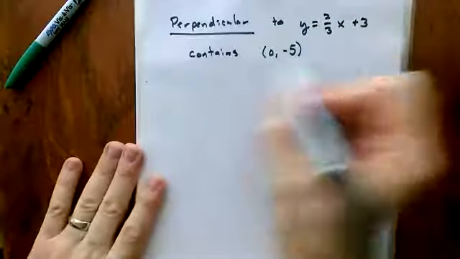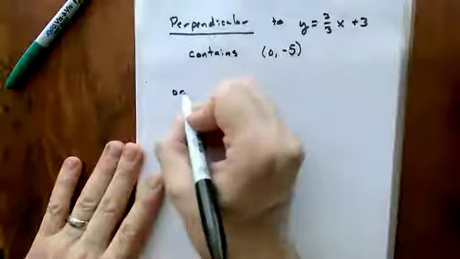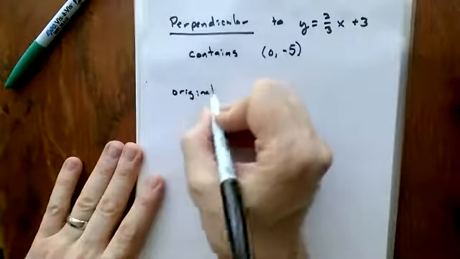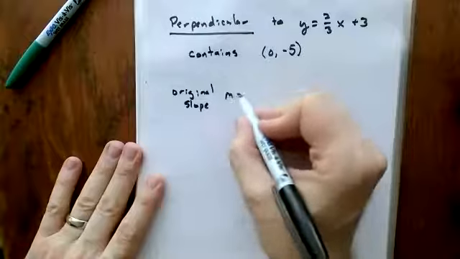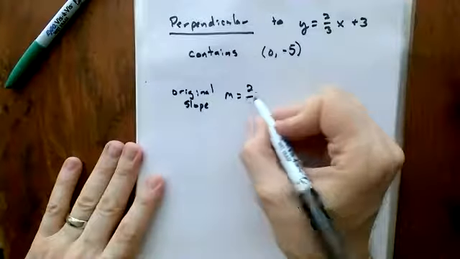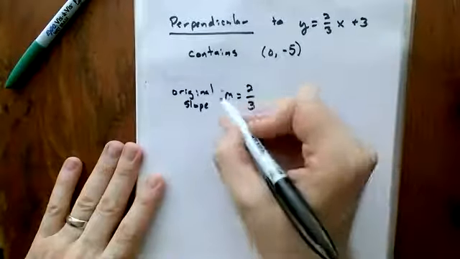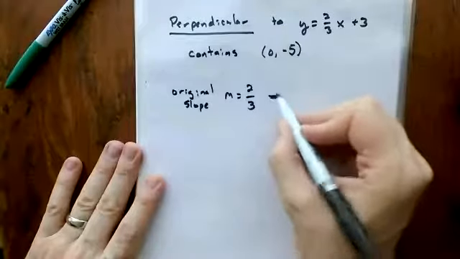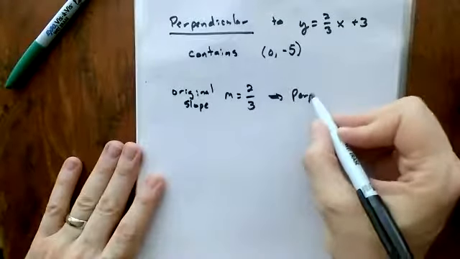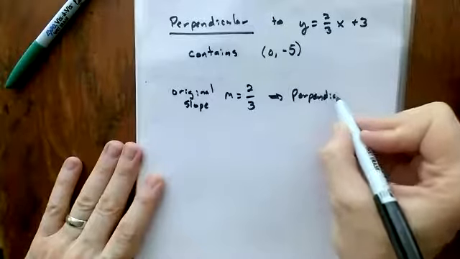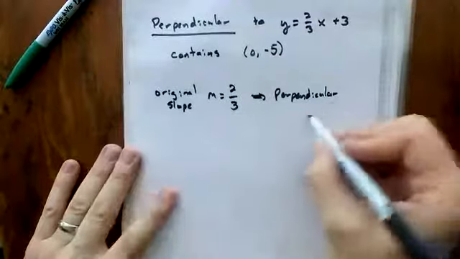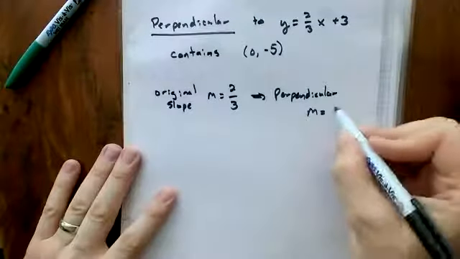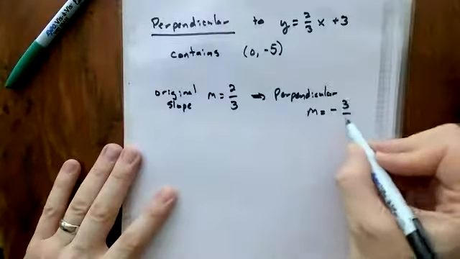Here we see that our original slope is 2/3 because we're in this slope-intercept format, which means that my perpendicular slope is going to be -3/2.